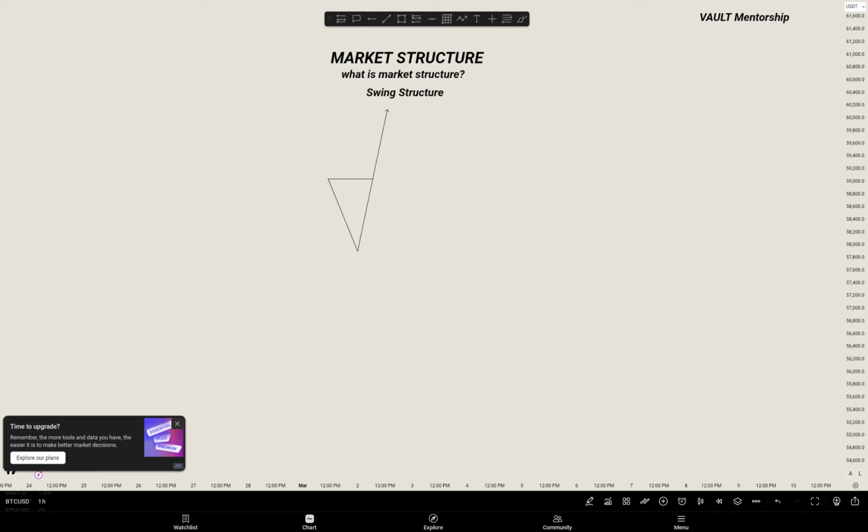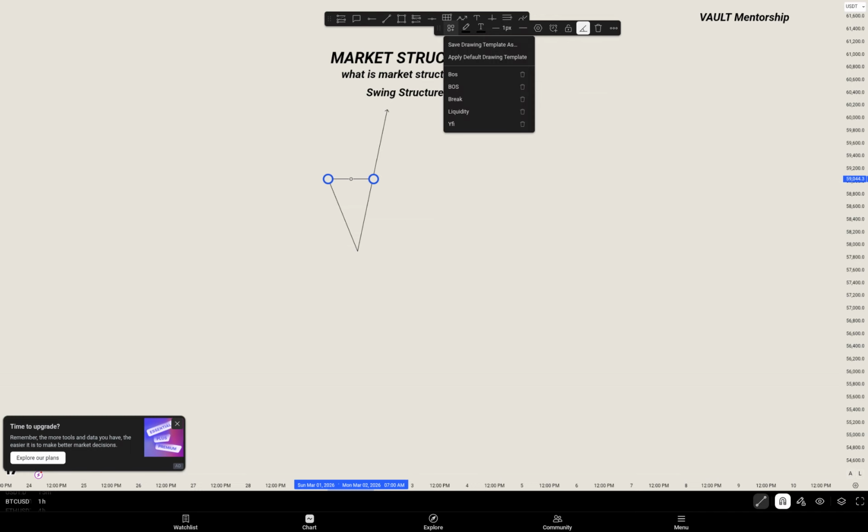Now, when you see this on the higher time frame, this is a perfect example of a swing structure, whereby you have a break of structure on the higher time frame with a full body close. Now, when identifying your swing structures, one thing you need to pay very close attention to is this particular break of structure here.